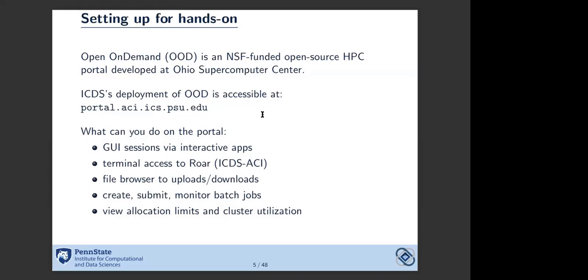The first thing you want to do is open up your favorite web browser, Firefox or Chrome preferred, and then navigate to this website, portal.aci.ics.psu.edu. Log in with your Penn State Web Access credentials, and if you haven't gone through Duo yet today, you'll have to do that. And then eventually you'll land on our landing page for the portal site.